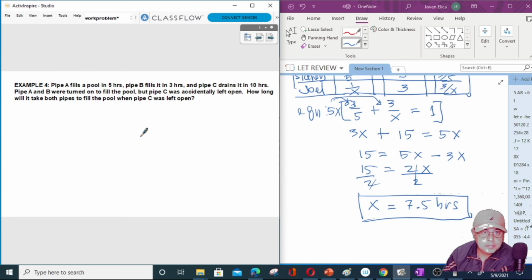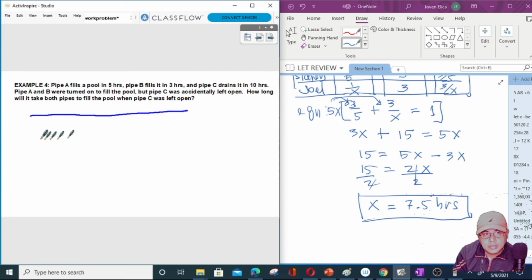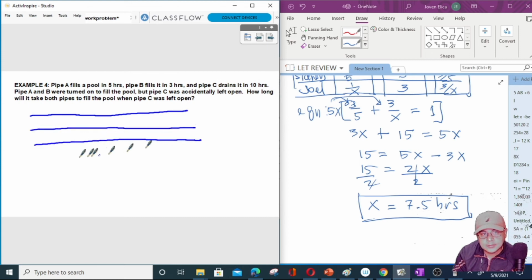Pipe B fills it in 3 hours. So there are 2 pipes already, pipe A and pipe B, that fill it in. That means these are inlets. And pipe C drains it, that means the water will come out of the pool, in 10 hours. So again, to easily analyze this work problem, we need to make a table. So we have 3 involved parameters here.